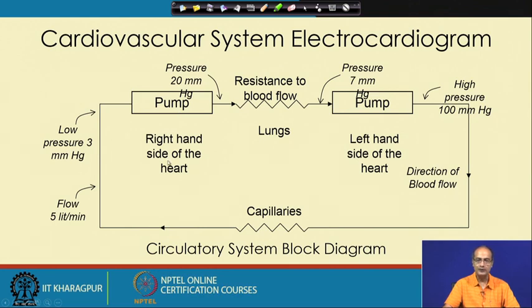Per minute, the flow rate is approximately 5 liters.